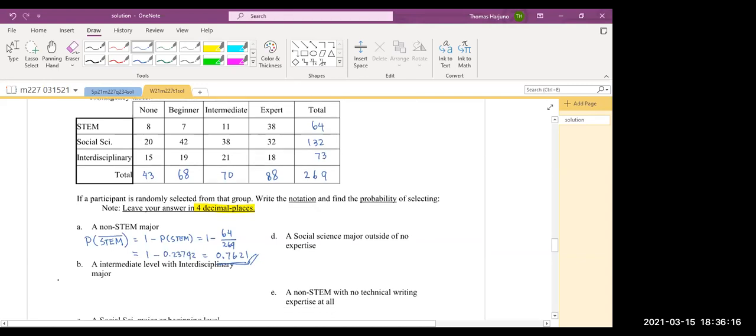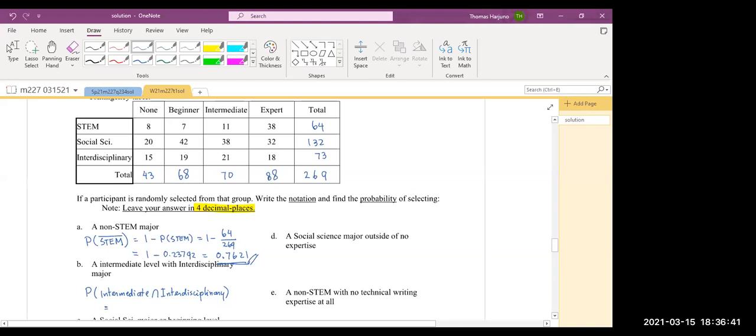And part B, probability of interdisciplinary. Can you help me? What's this?